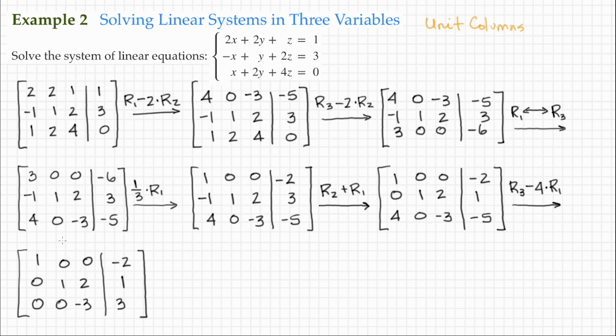So now we have this as a unit column, this one as a unit column. The only one we have to change now is this one. So we can go ahead and start with right here, because we want to get our diagonal of 1s here. So we'll take -1/3 times row 3. -1/3 times -3.